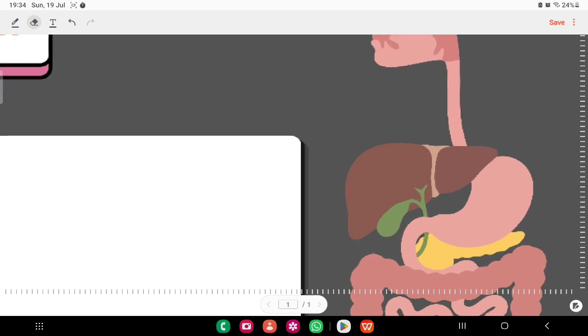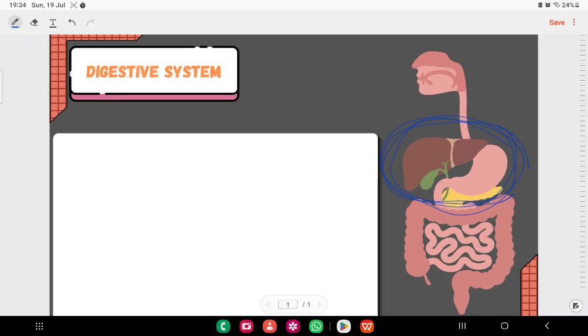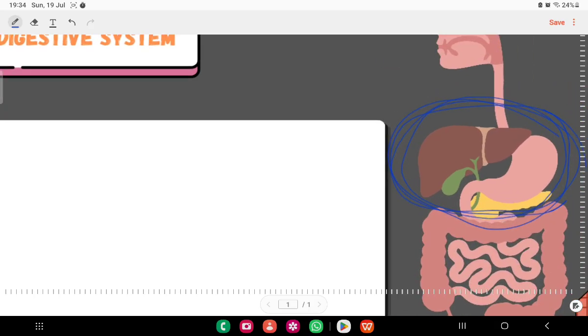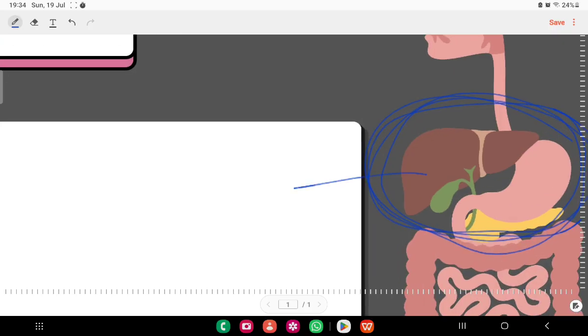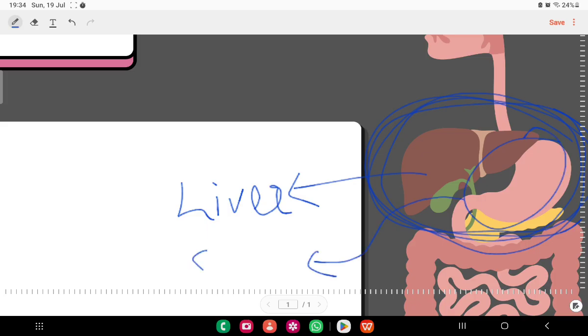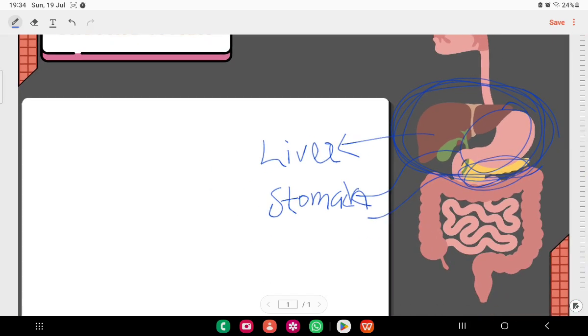Next, we got this part right here. This part is really important, I should say. Let me just tell you what these parts are. This is the liver. It is the largest gland in our body. This is the stomach. It is a J-shaped pouch. This is the pancreas.